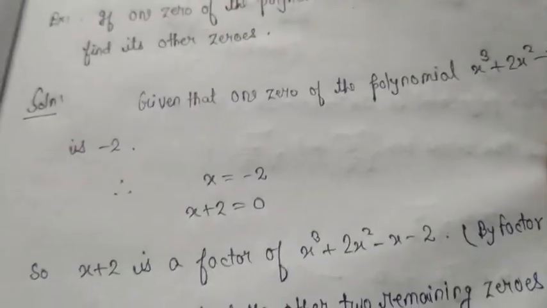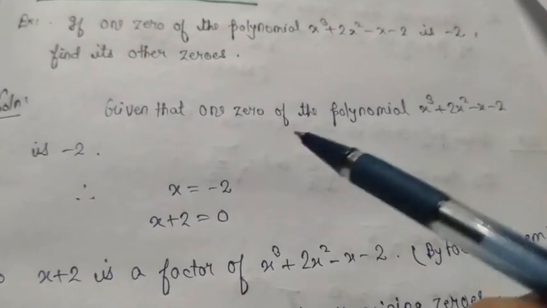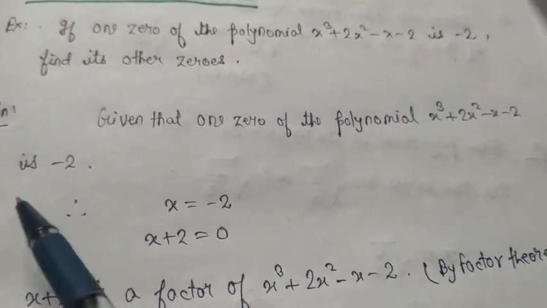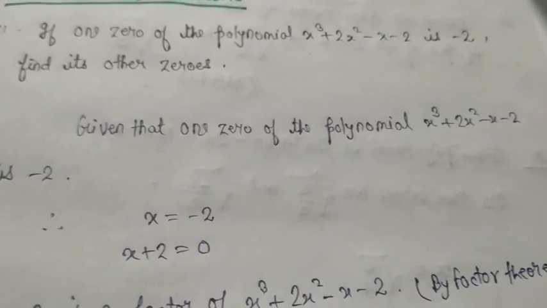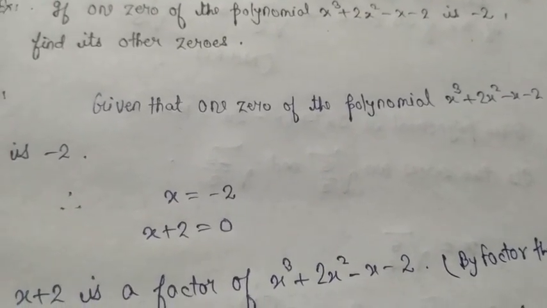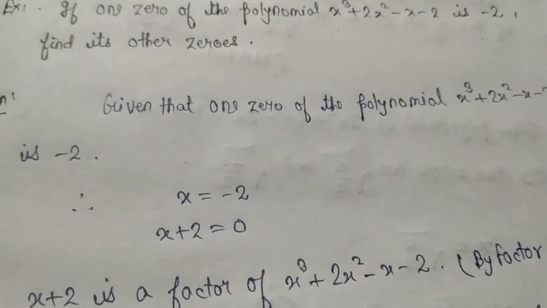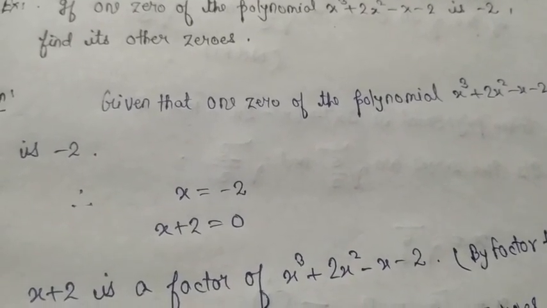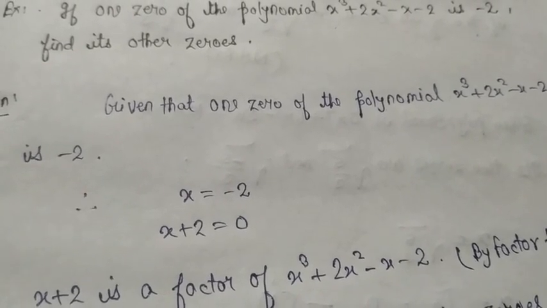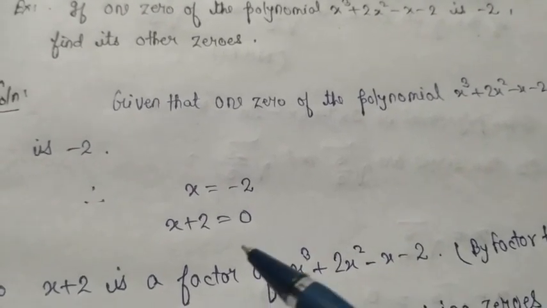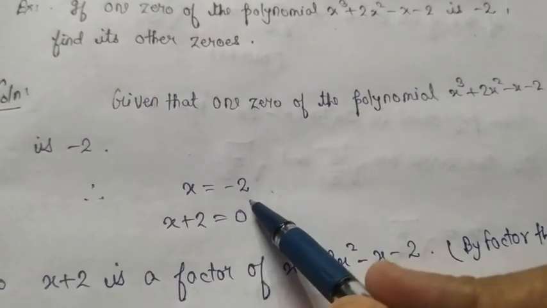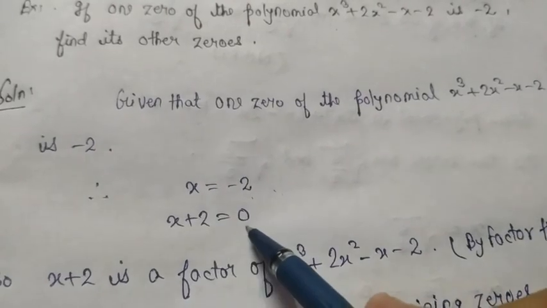Okay, now see, listen, 1 zero of the polynomial is minus 2. We know in a cubic polynomial there are 3 zeros, so 1 is given. I told you in the previous part also, a zero is nothing but the value of the variable. So I can say x equal to minus 2, one value is minus 2. So I can write x plus 2 equal to 0.